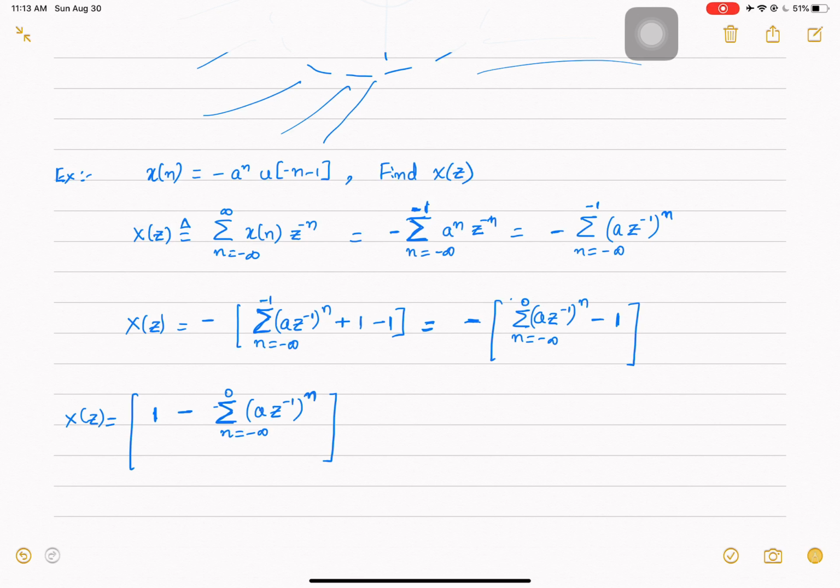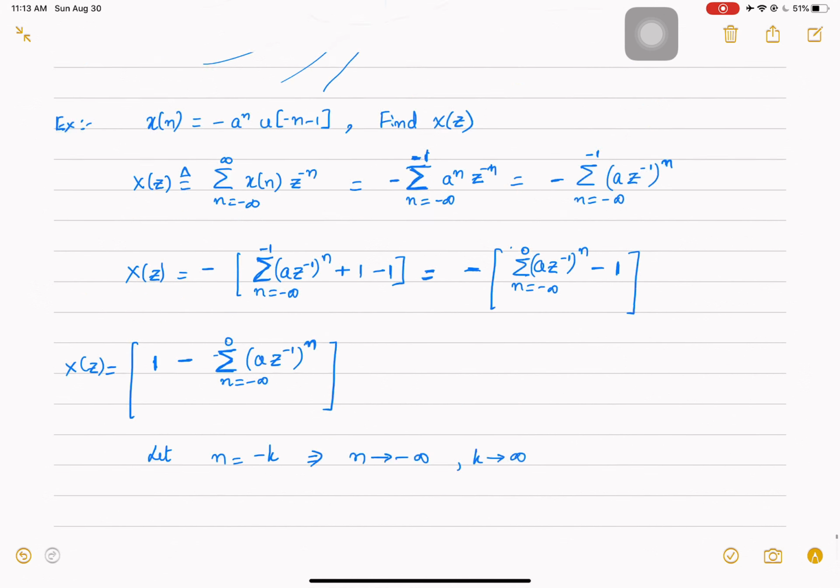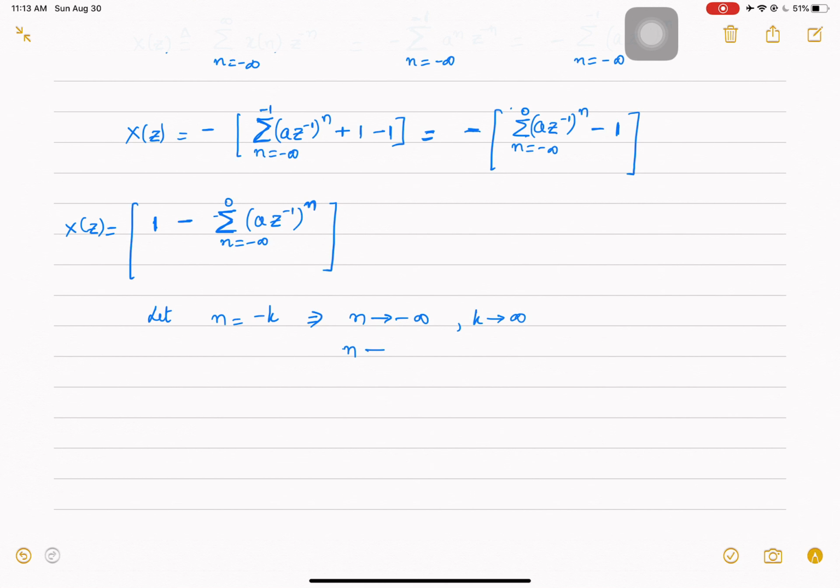Now I'm going to make a substitution. Let n equal to minus k, which implies n going to minus infinity will make k go to infinity, and n going to 0 will make k go to 0.